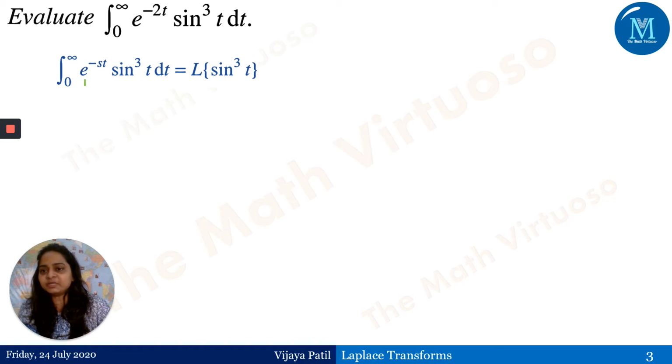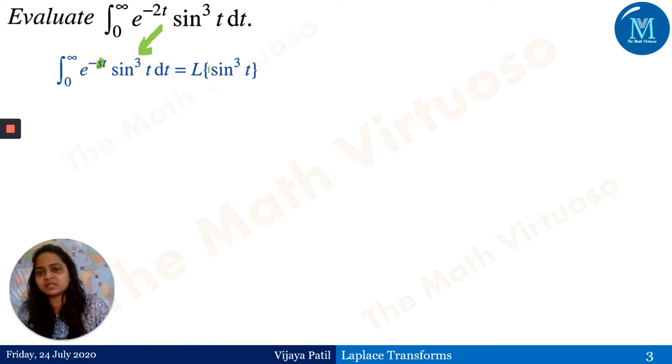Now here, that means what? I have to go for 0 to infinity e to the power minus st sine cube of t dt. If you observe this 2 here, what is the difference? This is given to me as evaluate, and this is the Laplace transform of sine cube of t. If you observe this s here, that is the only difference.